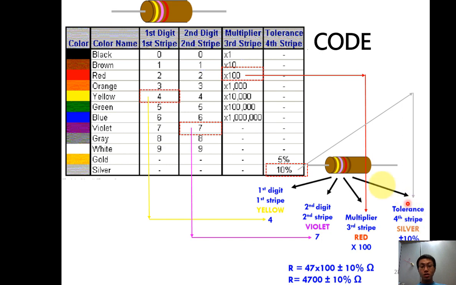So what is the tolerance? This is silver. Silver gives me a tolerance of plus minus 10%. So R will be 47 times 100, plus minus 10%, becoming 4700 ohms plus minus 10%.